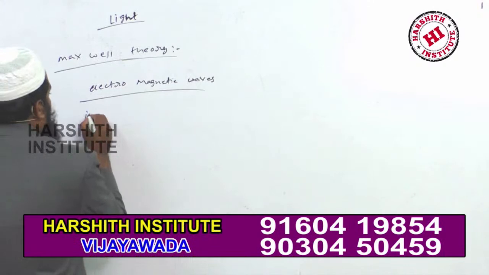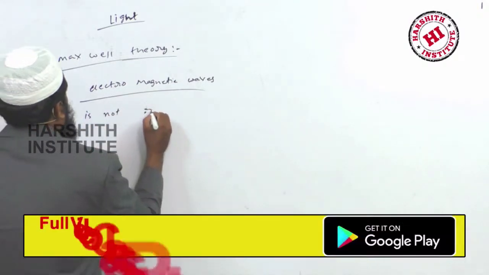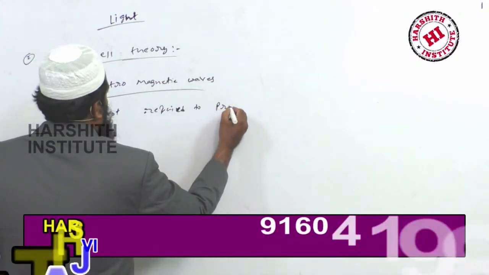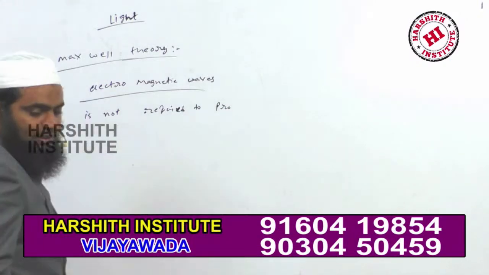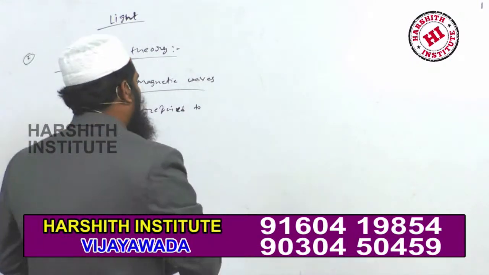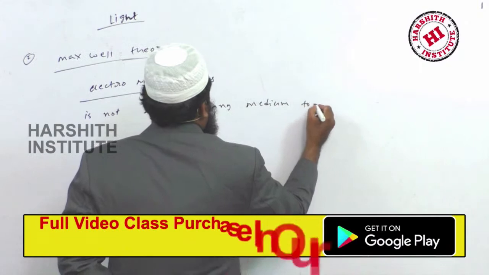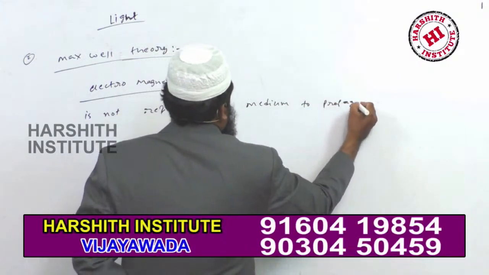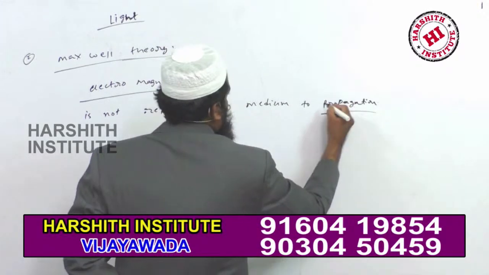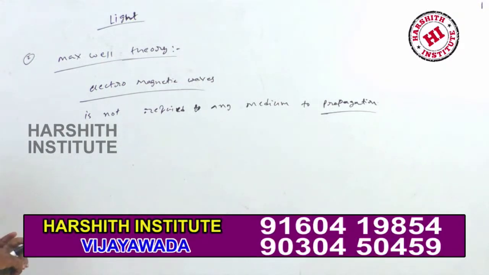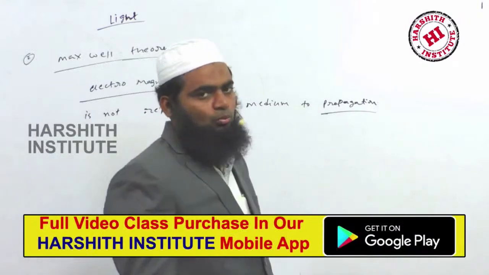So it is not required to have any medium for propagation. According to Maxwell theorem, Maxwell gives information that light waves are called electromagnetic waves. So this electromagnetic wave is not required to have any medium to propagate.